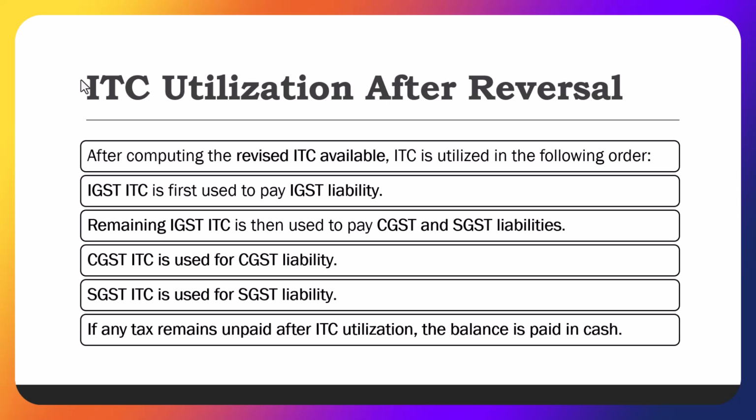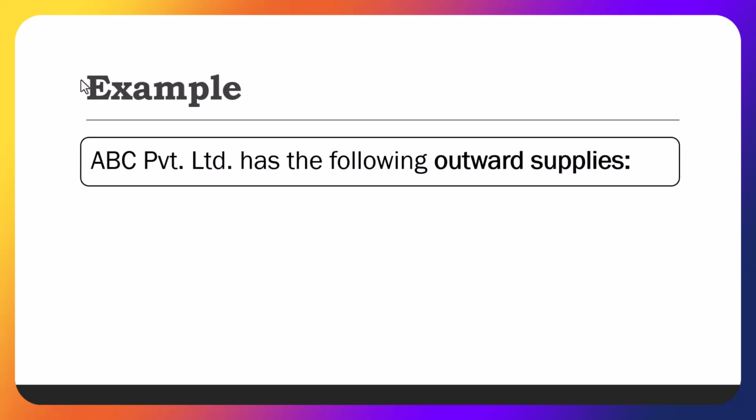So first, the order is that against the IGST liability, you have to first use the IGST tax credit. And then, CGST against CGST, SGST against SGST, okay? So IGST credit against SGST liability like this. So we have done questions, so you all know that, okay? So let's take a question so that you understand in case you are a bit confused.